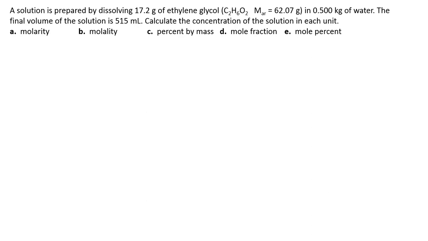In this example, a solution is prepared by dissolving 17.2 grams of ethylene glycol. The molar mass of ethylene glycol is 62.07 grams per mole.